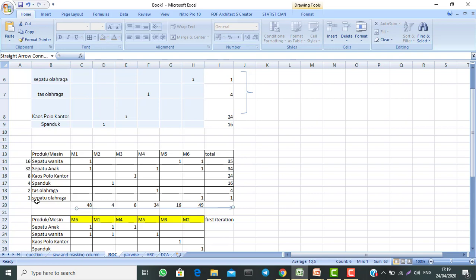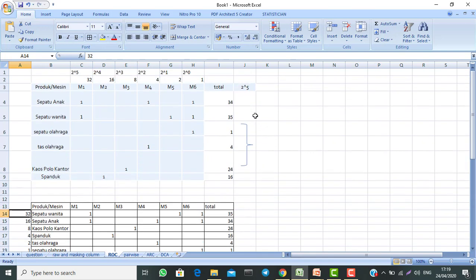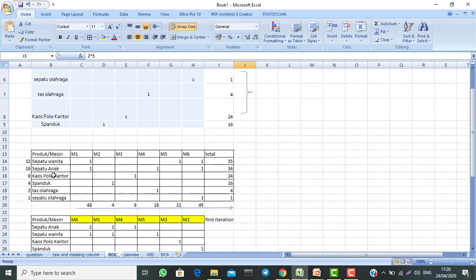Okay, now let's start with 32 and 16. The 32 is obtained by 2 power something, and that power is derived from the number of machines, or in this case the 6 products, minus 1.